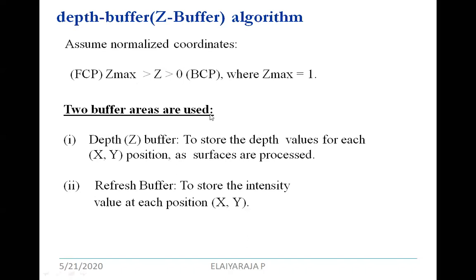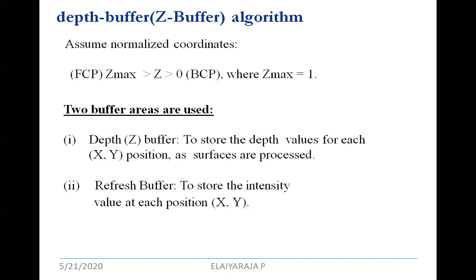So what considerations are we making to calculate the Z buffer algorithm? Here we are going to check with two buffers. One is your Z component depth, and the other is the refresh buffer.